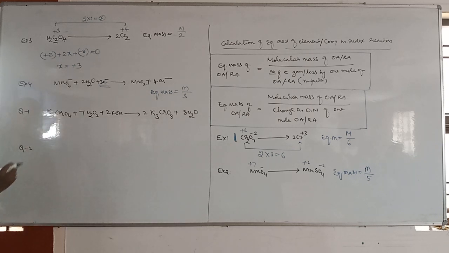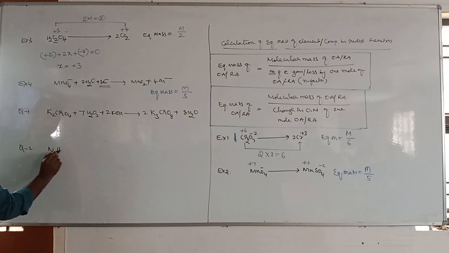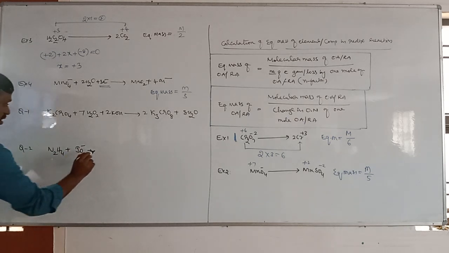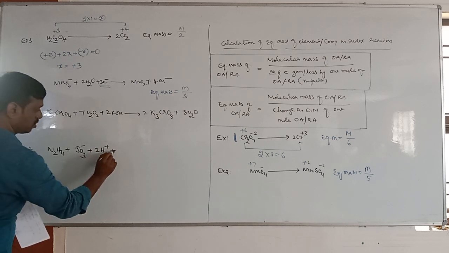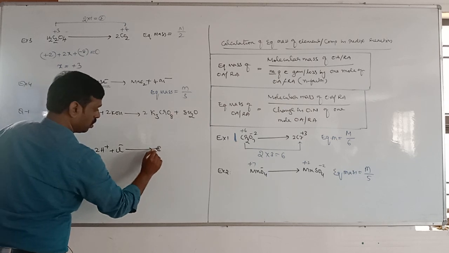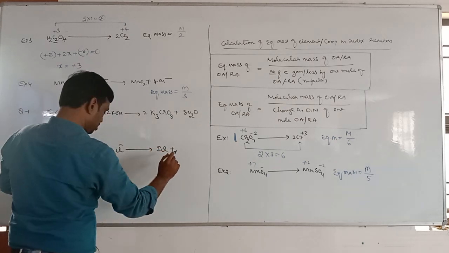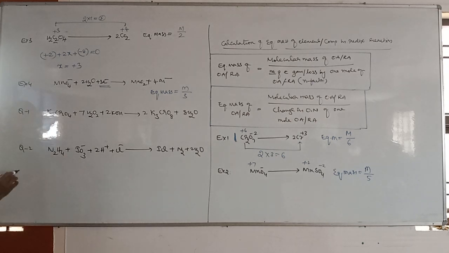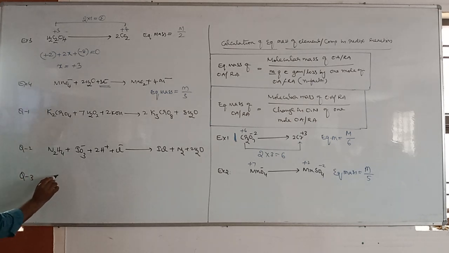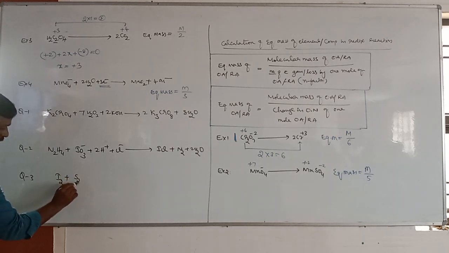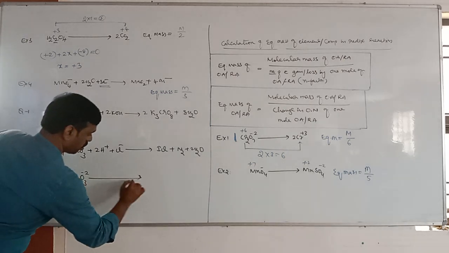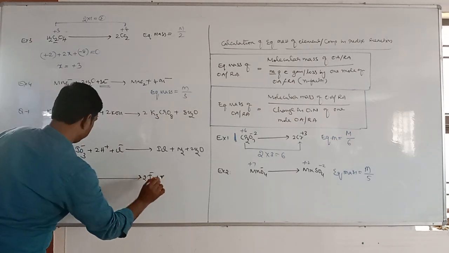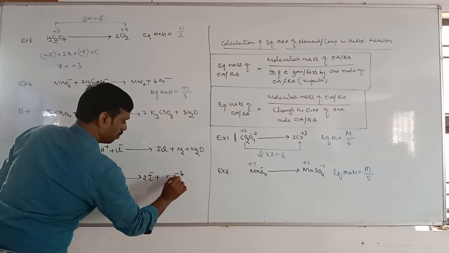Next, 2: N2H4, which is called hydrazine, plus IO3 minus plus 2H plus Cl minus gives rise to ICl plus N2 plus 2H2O. 3: I2 plus S2O3 minus 2 gives rise to I minus plus S4O6 minus 2.